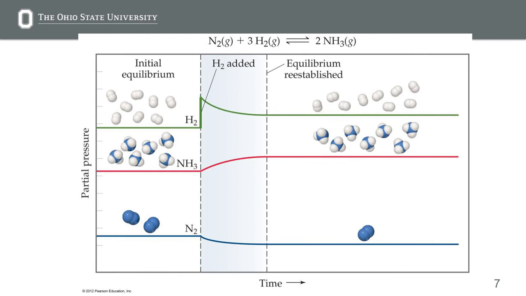If you were to assign values to H2, NH3, and N2 in terms of their concentrations and calculate Q here versus here, you would end up with the same value, even though you're putting in different numbers. That's because we have equilibrium. We've achieved equilibrium by saying that Q is equal to K for this reaction at this particular temperature.